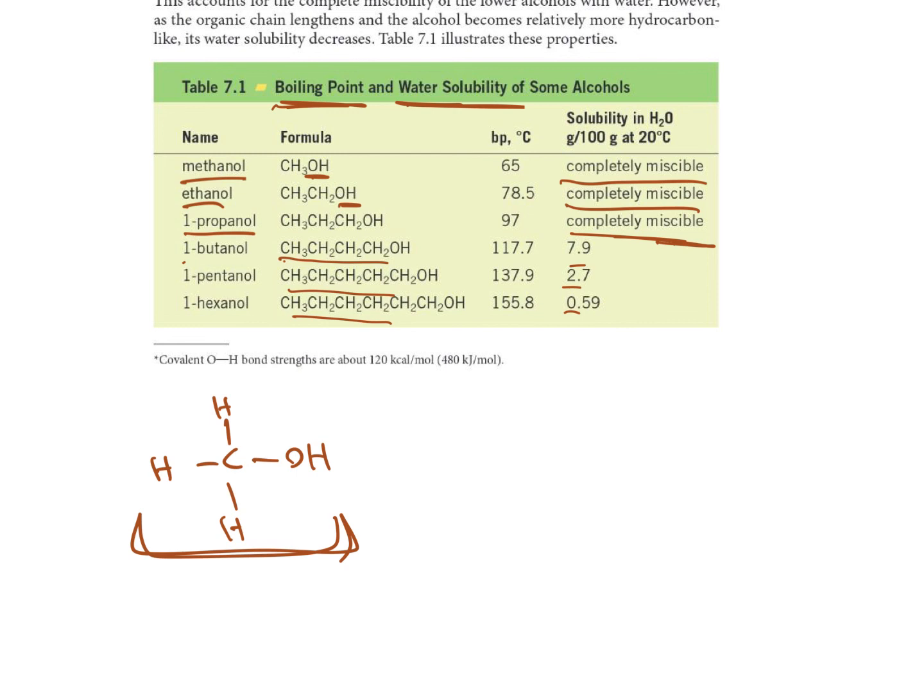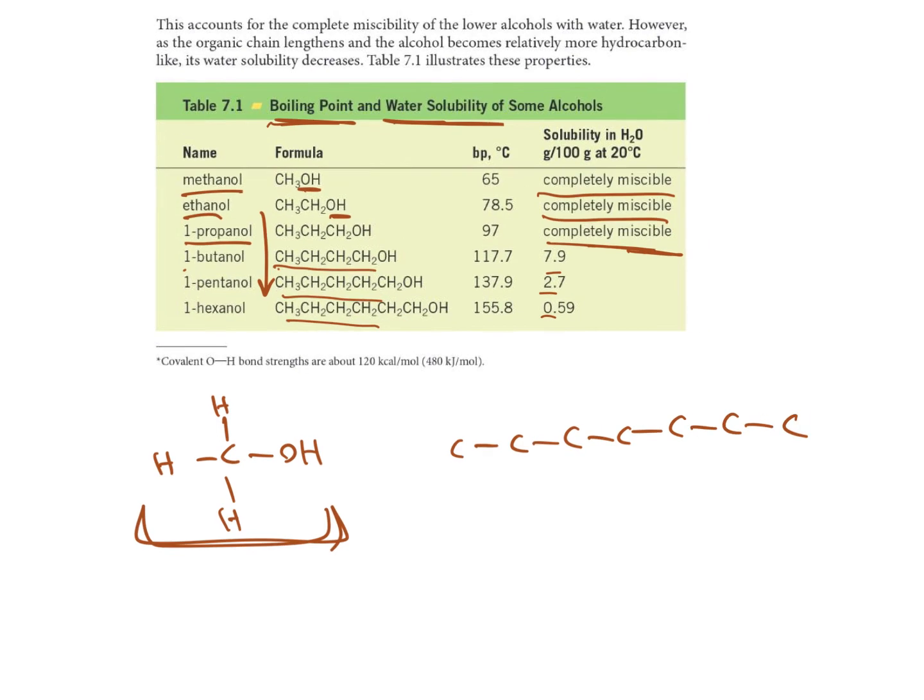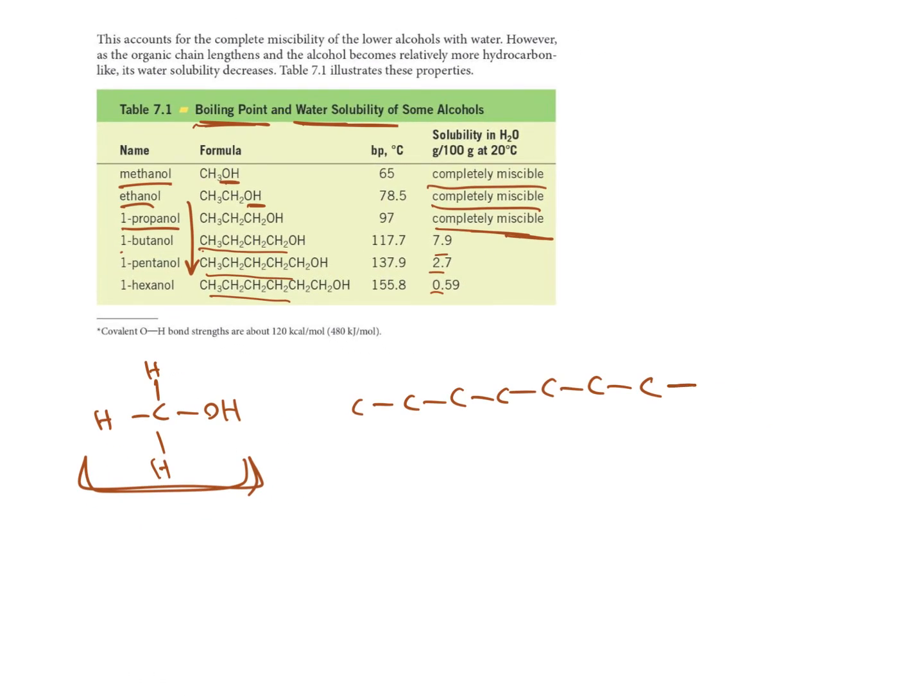So if I increase the number of carbons, the molecule becomes less and less polar, right? Because if I have a long chain of carbons, and then I attach OH here, most of the molecule is non-polar, and only this part is polar. Does that make sense?